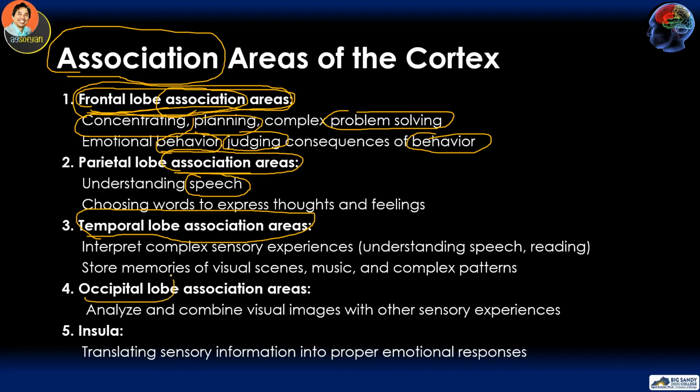Occipital lobe, remember, is the visual area. This occipital lobe mostly associates what you see with things that you are going to do, or behavior related to what you see. It will also be controlled by this area.